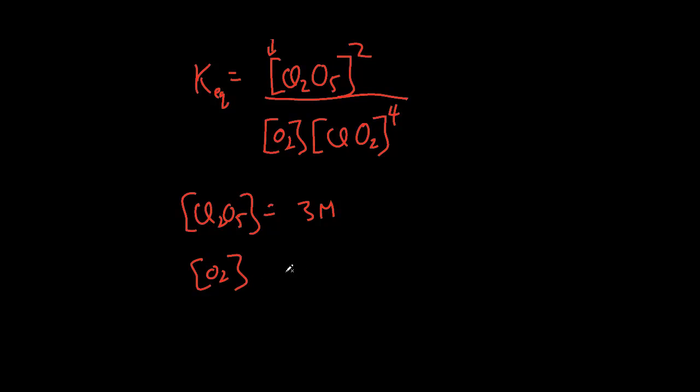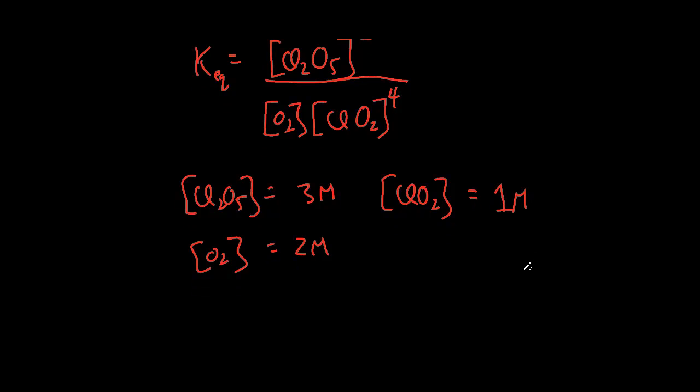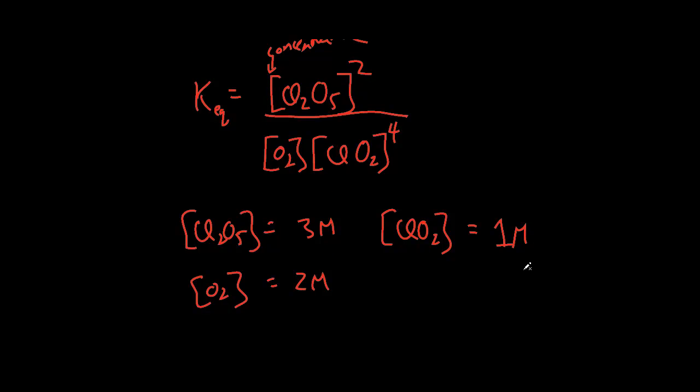The concentration of oxygen gas is 2 molar. And the concentration of ClO2 is 1 molar. Okay. And we want to find the equilibrium constant K for this reaction.